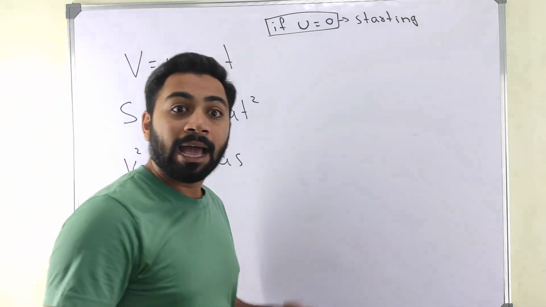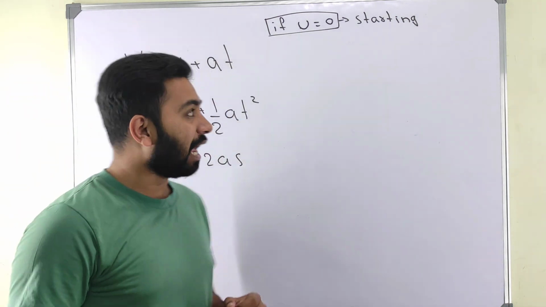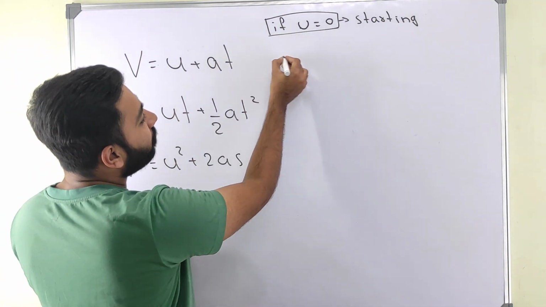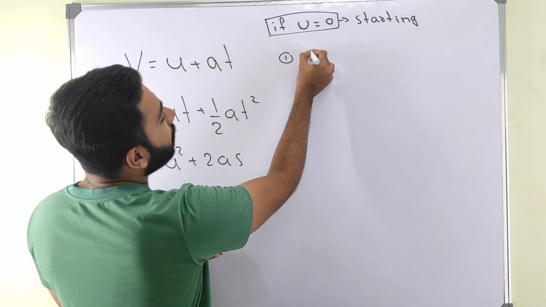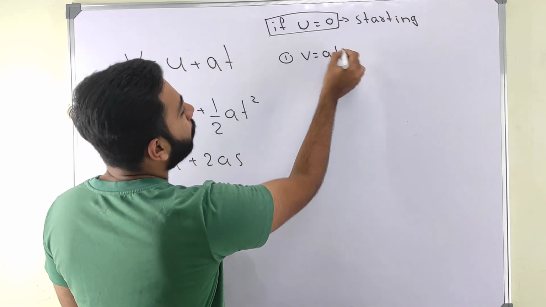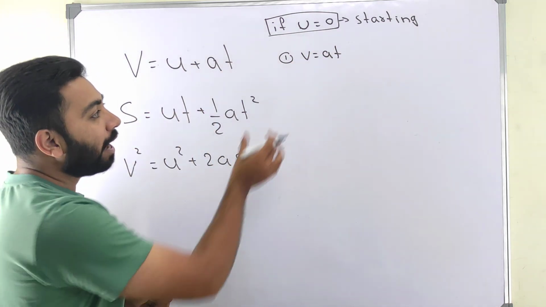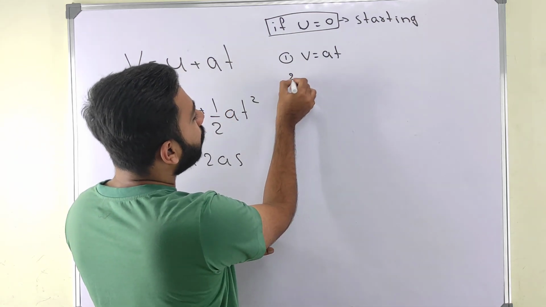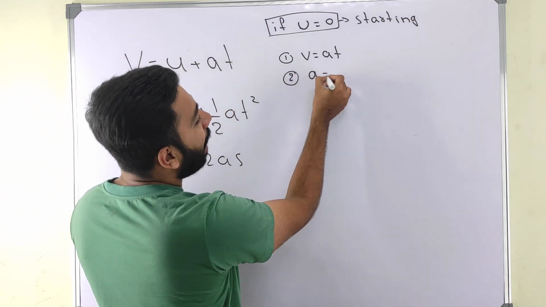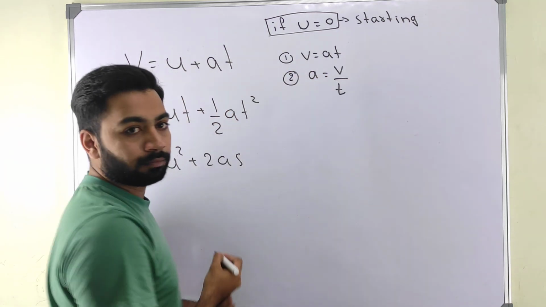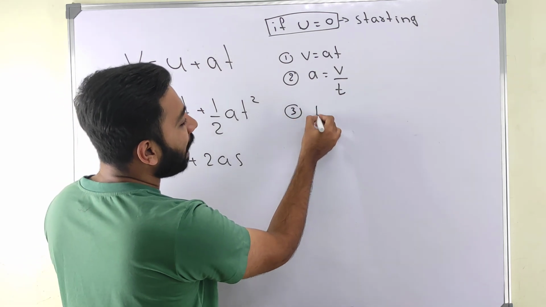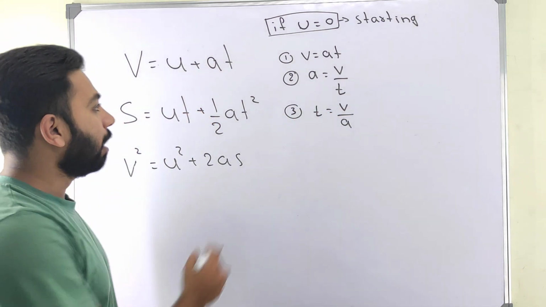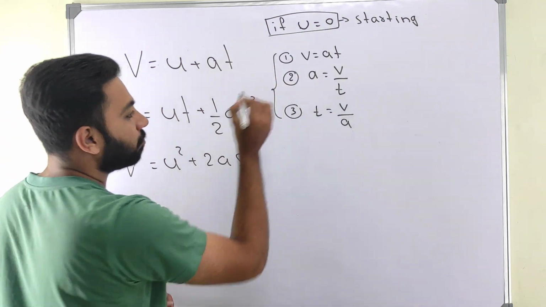When I have no initial velocity, from this first formula I get v is equal to at, because u is 0. I can find the final velocity. And from this only, I can find acceleration, which is velocity by time. Third, I can find time also, which is velocity by acceleration. Okay, this is all for the first one.